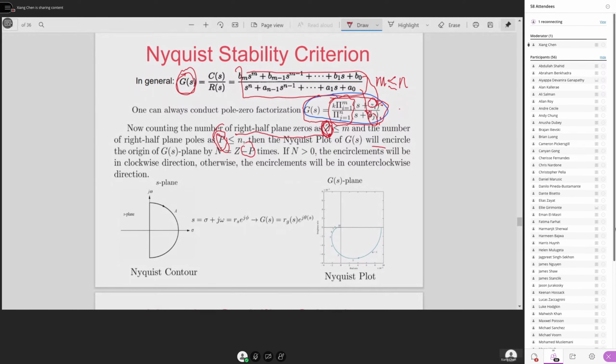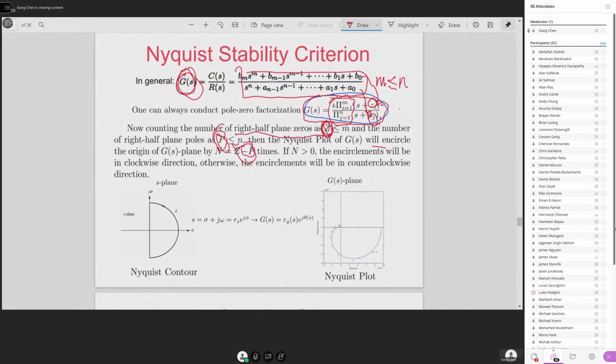Okay, so what's left is the left half plane zeros and poles. And we know that their contribution, both zeros and poles in the left half plane, is zero. So I don't count those. So now you can predict that the Nyquist plot of G(s) is going to have a net encirclement around the origin on the G(s) plane by Z minus P times.